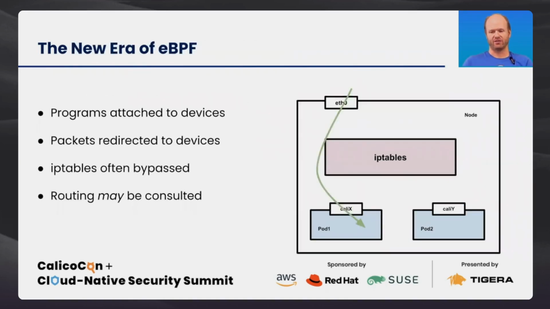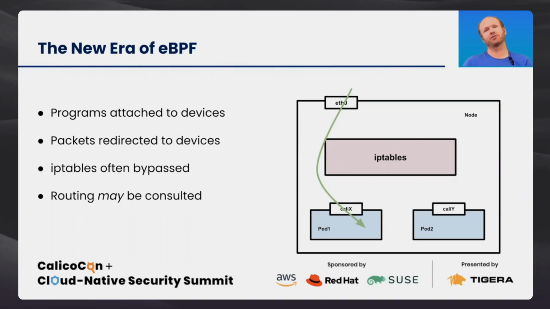With eBPF, this changes. Linux provides the environment, but the code that executes is provided by Calico or other frameworks. There are multiple places where that code is being executed.